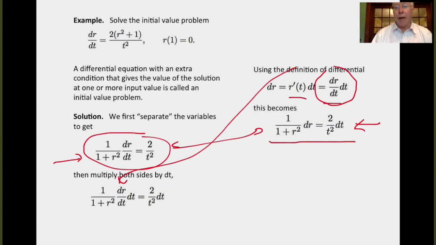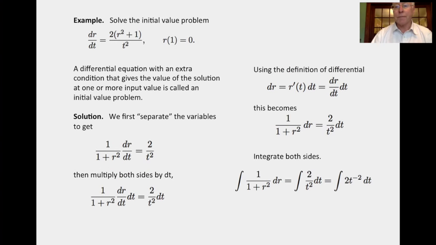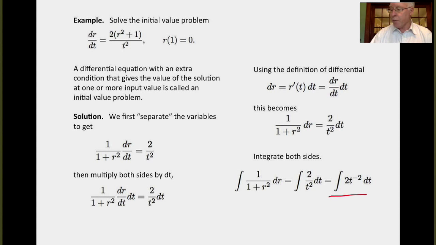So in the end, all the r's are on one side, there are no t's on the left, and all the t's are on the other side, there are no r's there. Once you have things separated, we simply integrate both sides. So throw an integral sign on each side as we did there. And notice for ease in integration, we've written 2 over t squared as 2t to the minus 2.